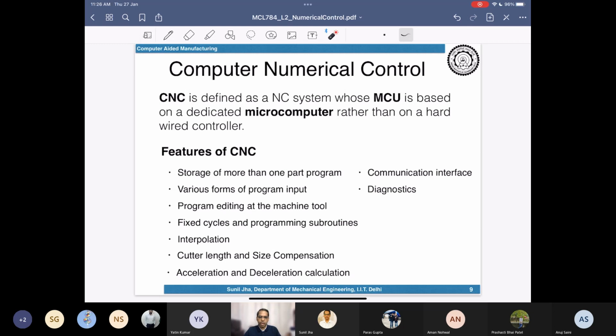You will be running some program which analyzes this data on a continuous basis and finds out if there is any fault in the machine, or if the cutter is wearing out much faster. All these kinds of diagnostics can be done on the machine itself. So there are a lot of advantages of adding a computer, and that is how we will be utilizing all those features, because machine tools today already come with the computer embedded as part of the machine tool itself.